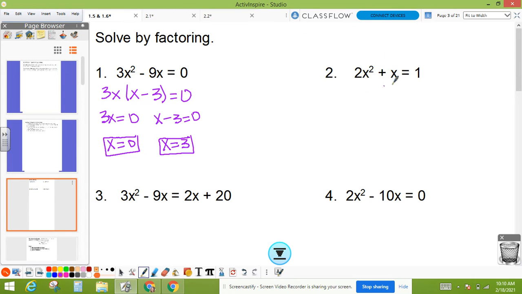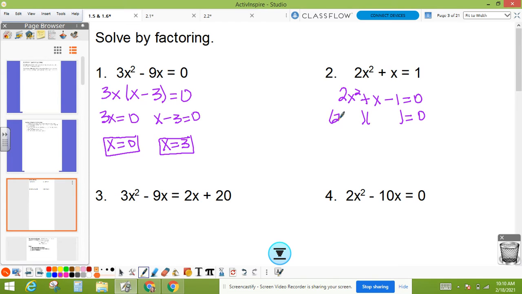All right, so next problem, we are not equal to 0. So first step is to subtract 1 and move it over here with everybody else so that it is equal to 0. So I subtracted 1 on both sides. Now you have 3 terms, so we should be able to guess and check as our factoring method.